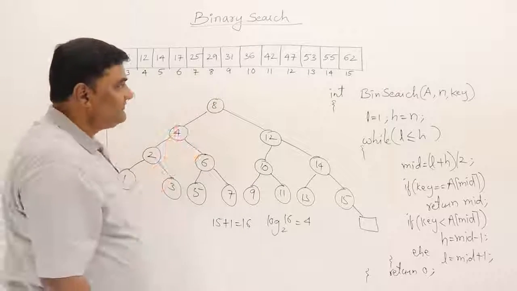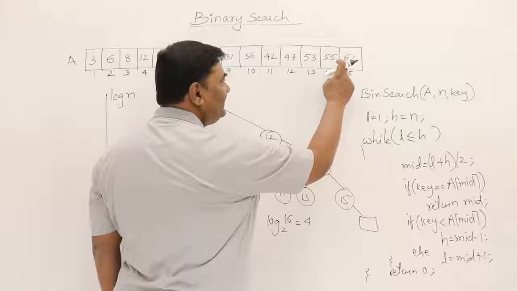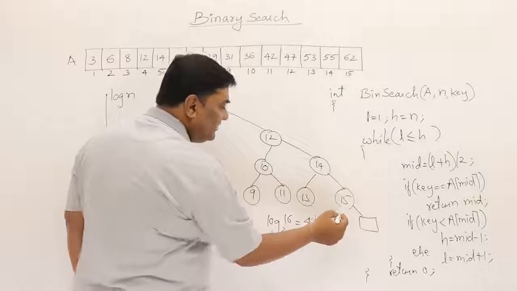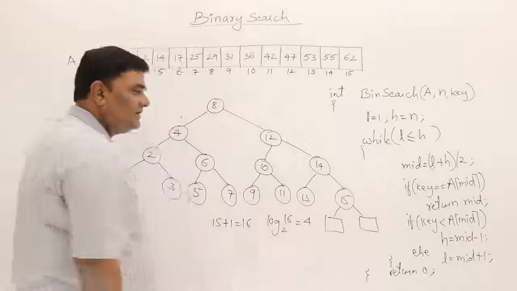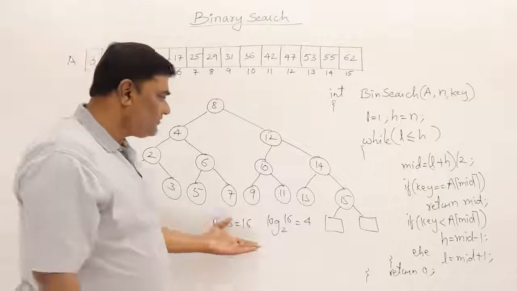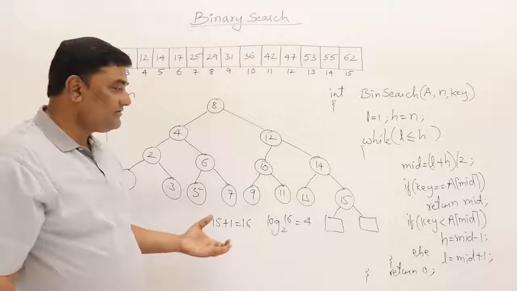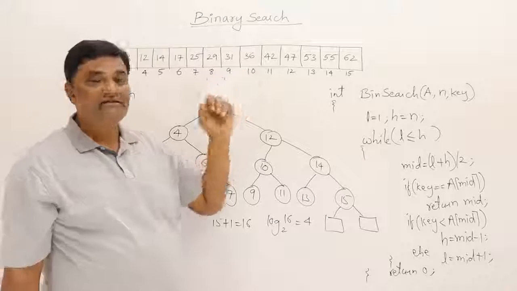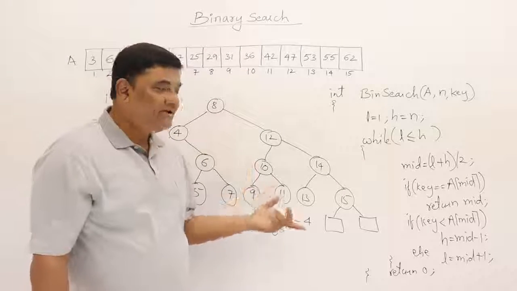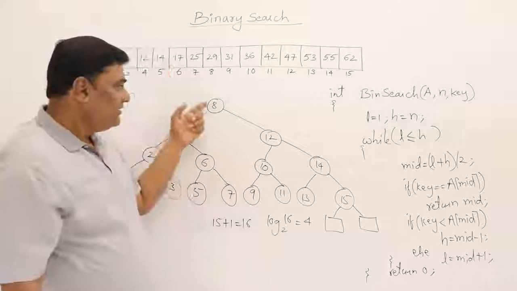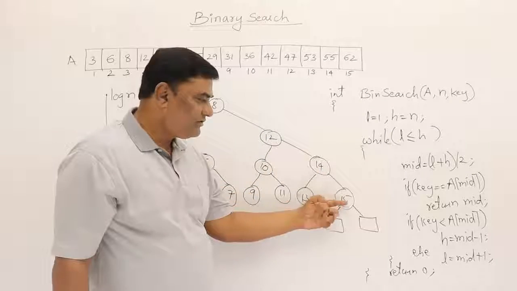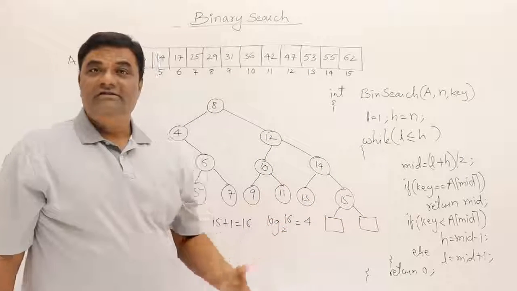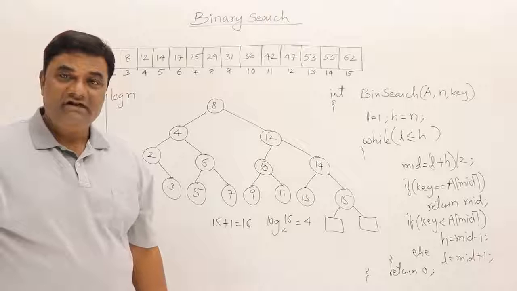Same way, if I am searching for any elements that are lying in between 55 and 62, it will stop on this side. Likewise, I can draw some external nodes to represent those elements which are not present in the list. And how much time it will take for unsuccessful search? 1, 2, 3, 4, stop. So again, maximum 4 comparisons are required.